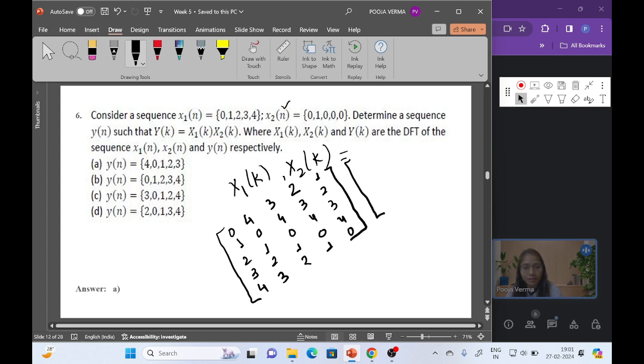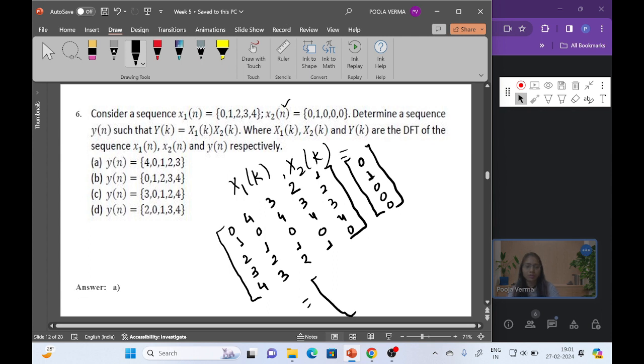And this is multiplied by x2 of n, that is 0, 1, 0, 0, and 0. Have you solved using this method? Just multiply each row with the column, then we will find y of n directly.